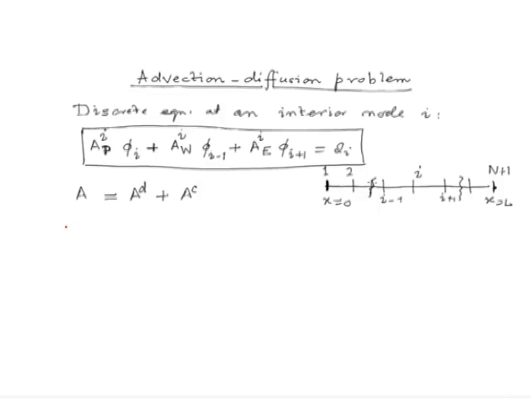So, now let us first take the case of the diffusive term, and how do we discretize it? We have already seen its discretization in detail, so we will just put a summary here.